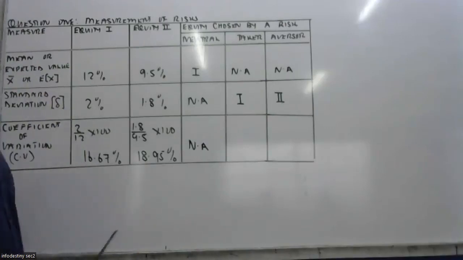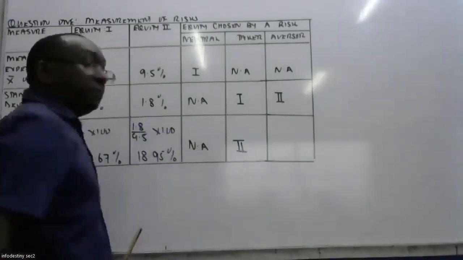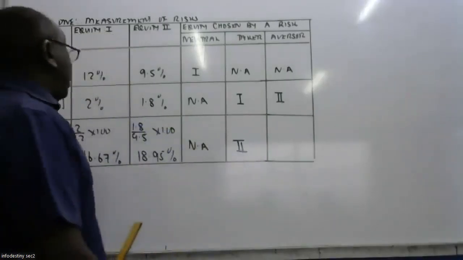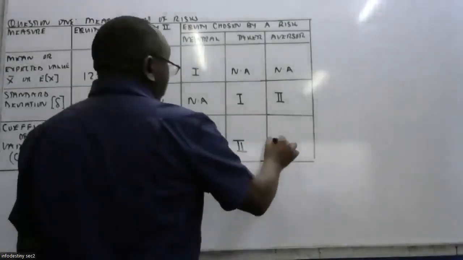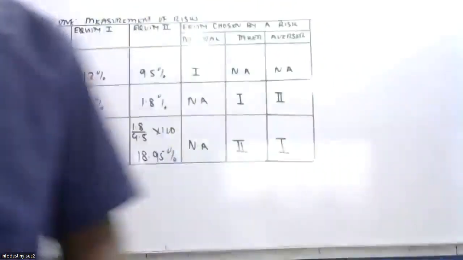Then the risk taker will go for the higher risk, which is this one, so he will go for equity 2. And here the risk averse will go for equity 1.